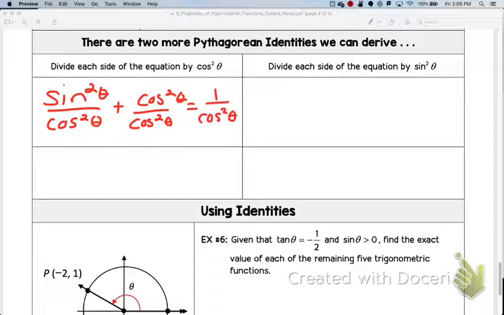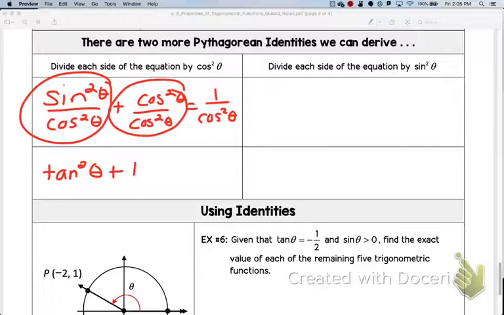We can do that because I'm dividing every single term in my equation by cosine squared theta, so it's keeping it balanced and equal. So this turns into what? Well, that's just the ratio of tangent. Isn't tangent y over x, sine over cosine? So that's the same as tangent squared theta, the middle is just 1, and this is the same as secant squared theta. Okay, so that's just another variation of our Pythagorean identity.